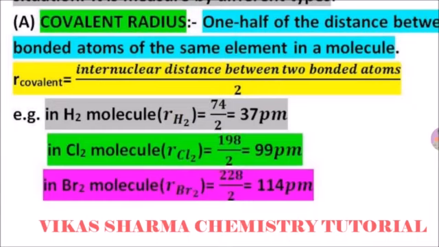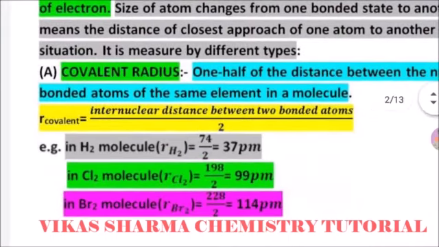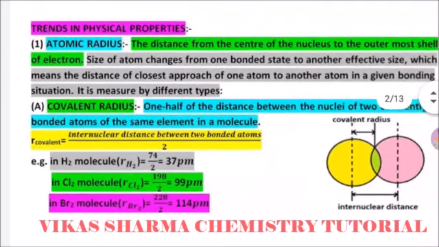A picometer is equal to 10 to the power minus 12 meter. In a chlorine molecule it is 99 picometer. In a bromine molecule it is 114 picometer. So we can divide the internuclear distance in a covalently bonded molecule by 2 to easily calculate the covalent radii.